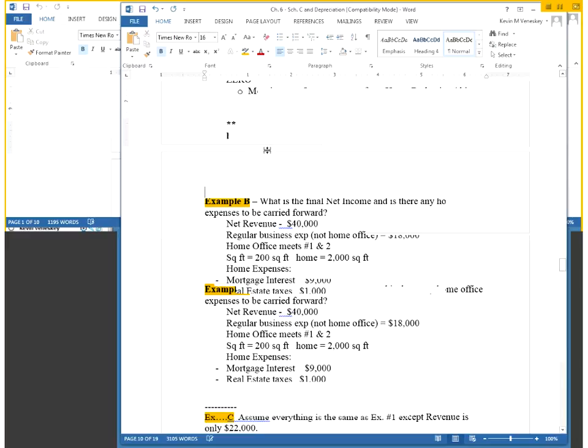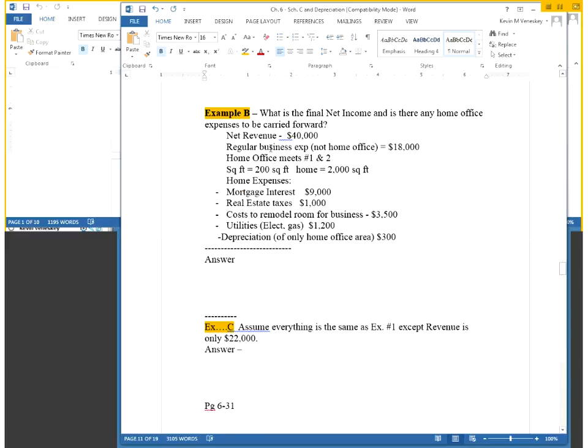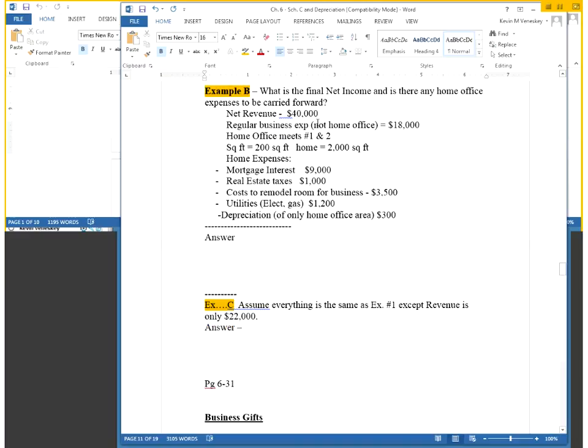So I have this second example to look at and to calculate what's allowed to be deducted and what's not for the home office. Notice here, expenses before home office, so we're still left with 40,000 minus 18.